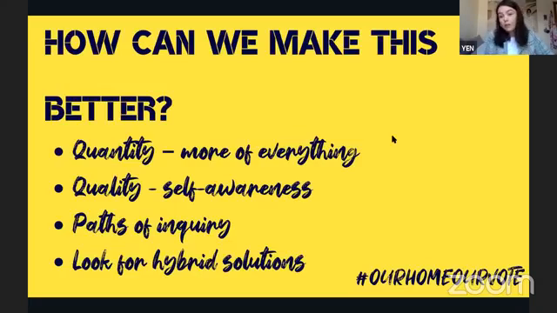Passive inquiry is very much research again, just wanting to make sure that you try different things. So for example, you could look into a councillor's response time, or you could look into their voting records. But the more passive inquiry you have, the more set you're going to feel about having that research done and making that informed decision. And then the last one is looking for hybrid solutions.